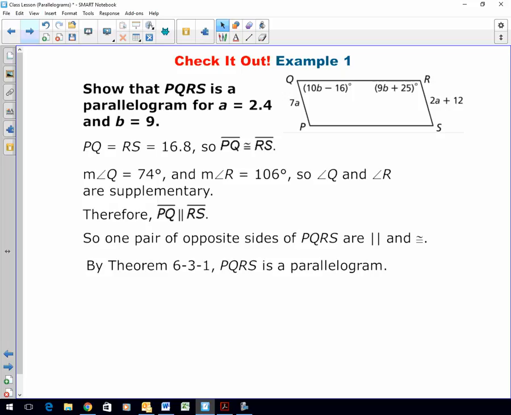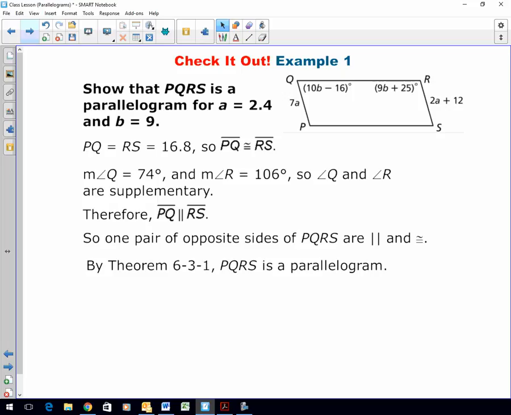This might be the most eye-opening thing you see. Imagine these were parallel lines, and this was a transversal. These two angles would be called same side interior angles. Same side interior angles are what? Supplementary. So remember the very first property we talked about?